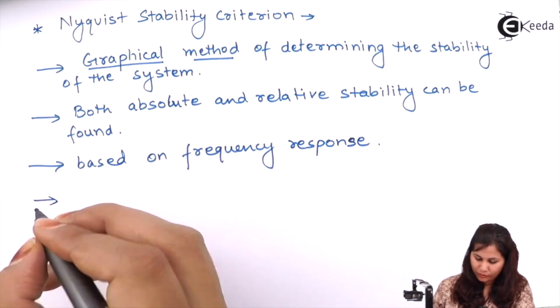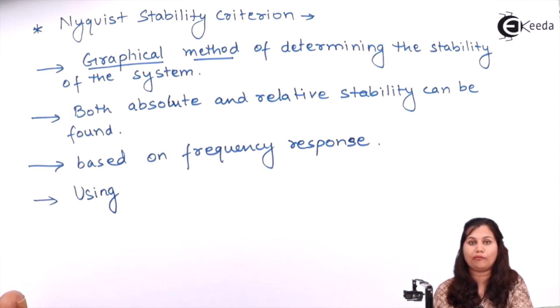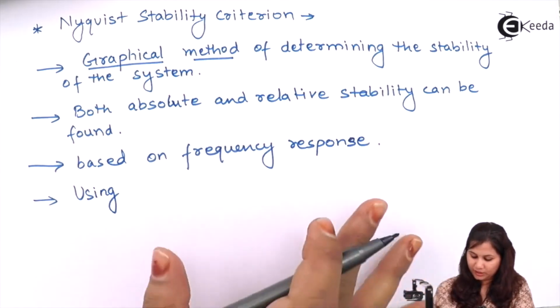Using this method, we are finding the stability of a closed loop system using its open loop frequency response.